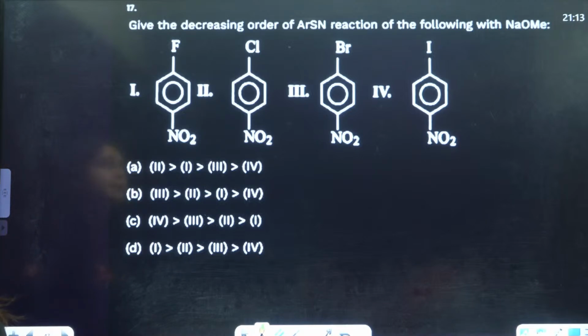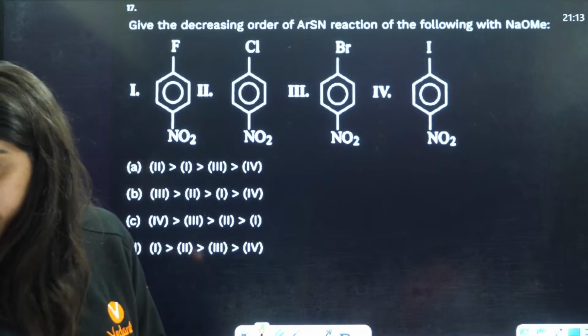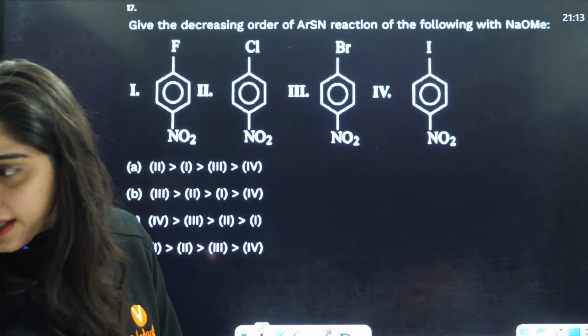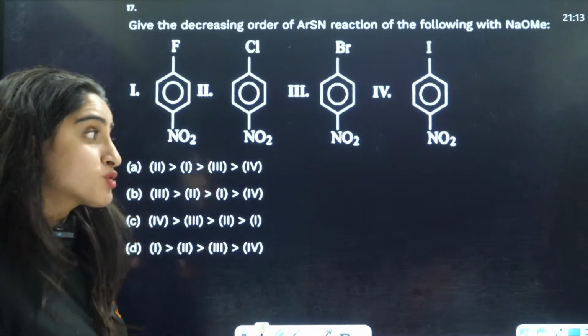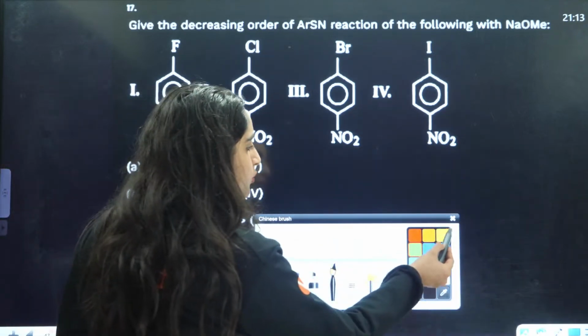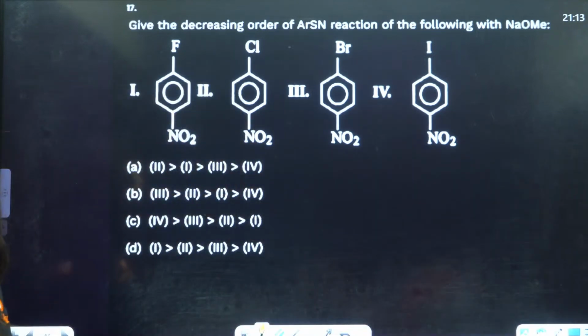D, okay. That means you are saying first is the maximum, then second and third, then fourth. Can you tell me the reason behind that? Very good, because we have done this, I think this is the third question based on the same concept.